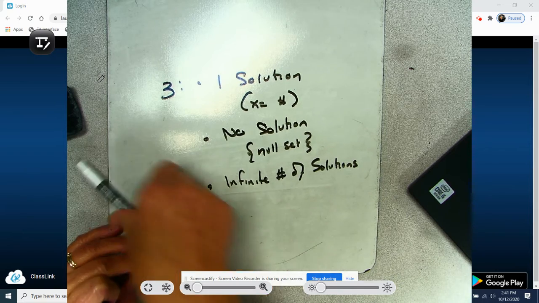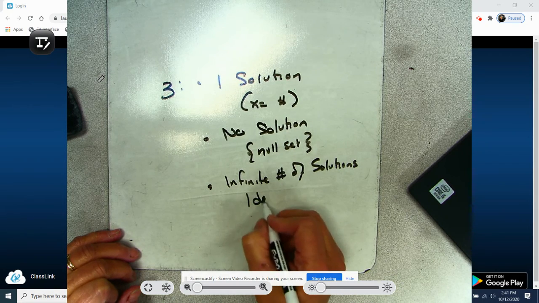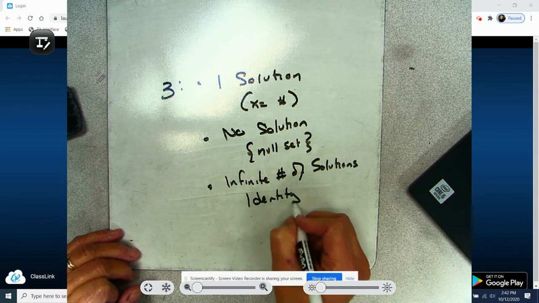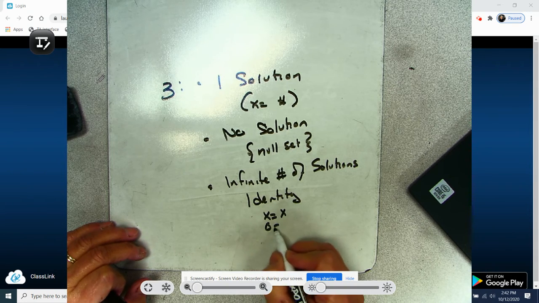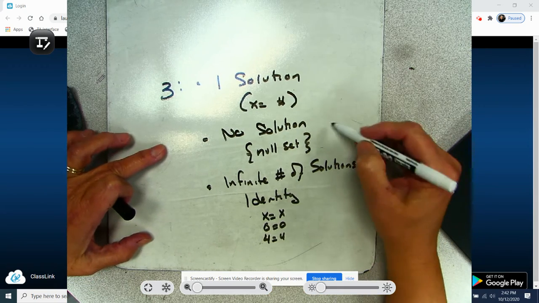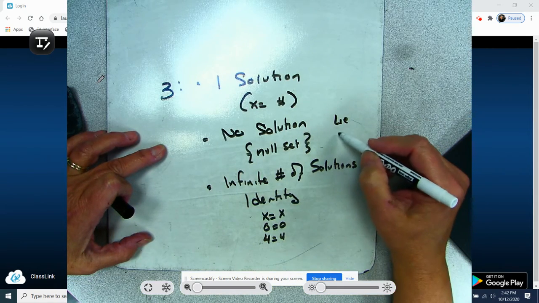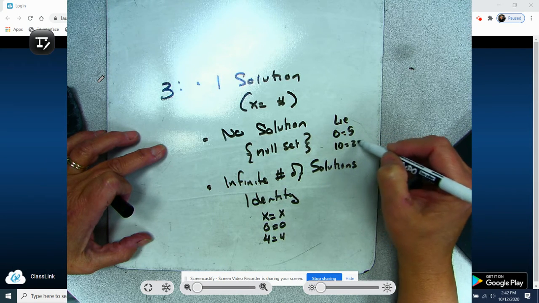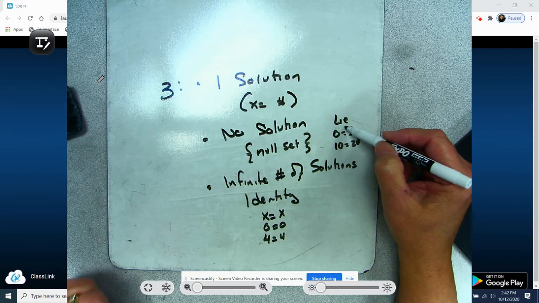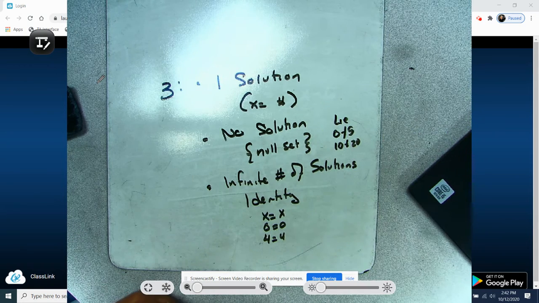And this is when you have identity. So this is when you're going to have x equals x, 0 equals 0, 4 equals 4. This one up here, this is your lie. This is when it says that 0 equals 5 or 10 equals 20. These are lies. If that happens, you have no solution, null set.